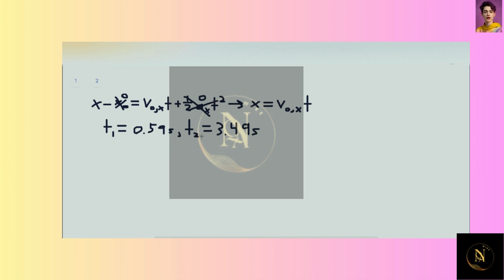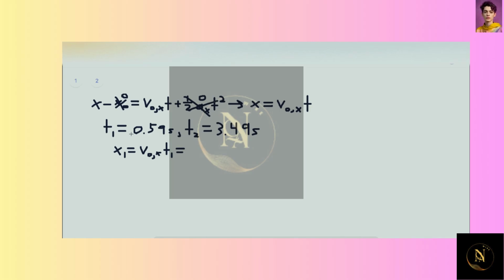Okay. So now x1 is going to be associated with the first time, t1. So I have the initial velocity in the x direction times t1. So it's going to be one possible distance from the building.